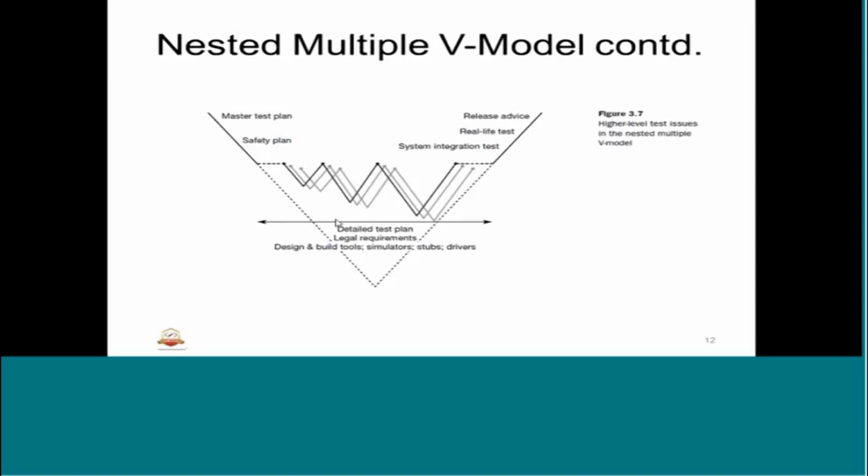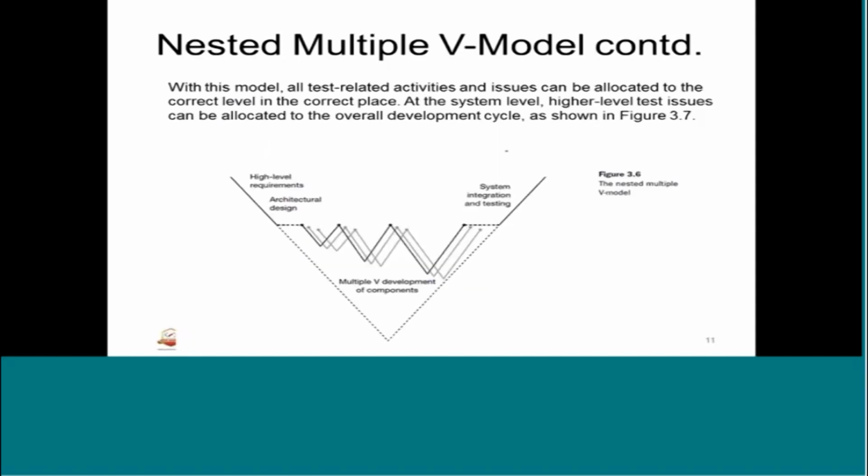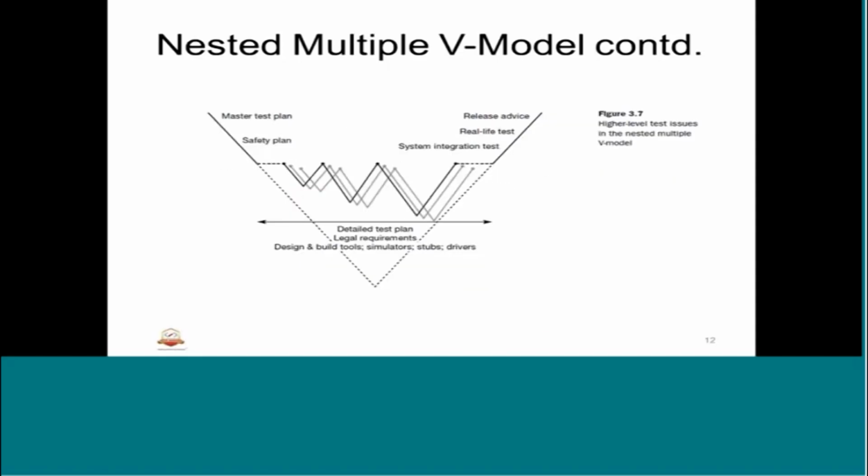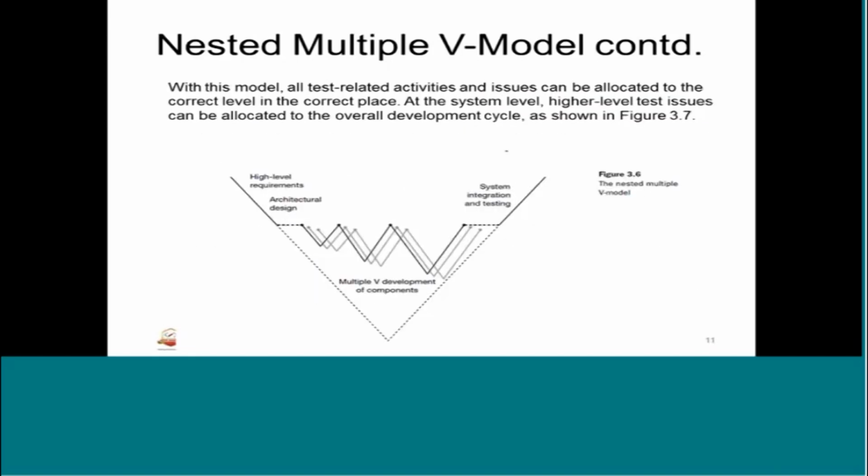In fact, the simple V model can be applied to this development process at a high level. The left side of the V model handles the decomposition of the system into its components. The middle part of the V model consists of parallel development cycles for all the components. The right side of the V model handles the integration of the components.